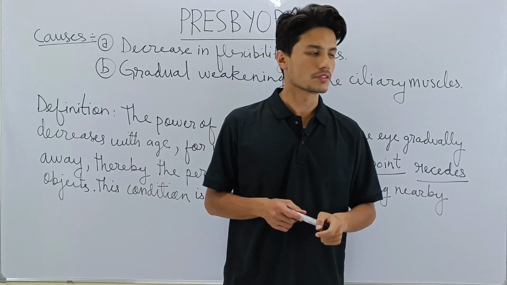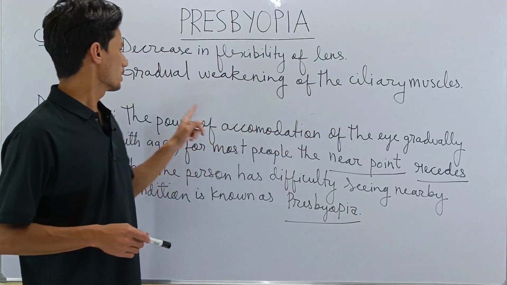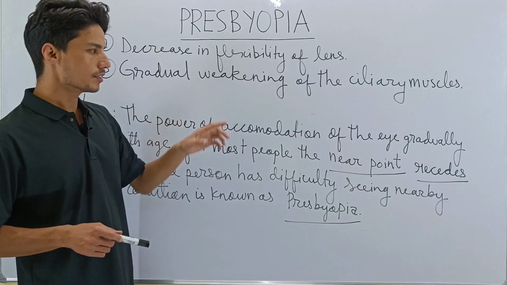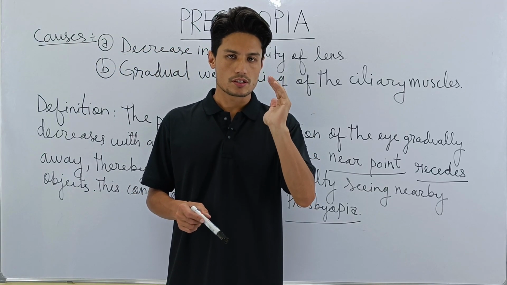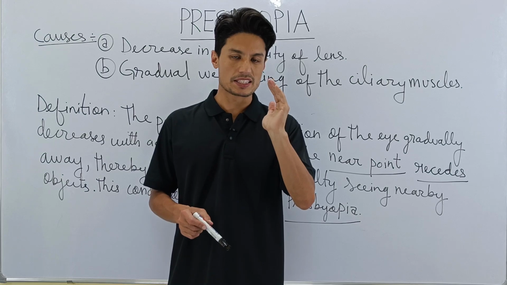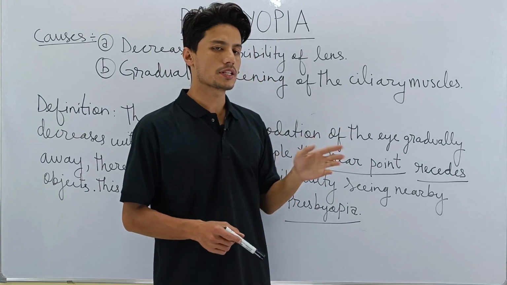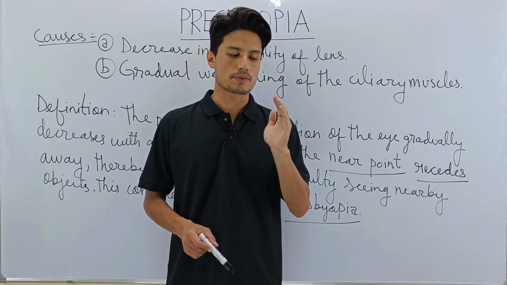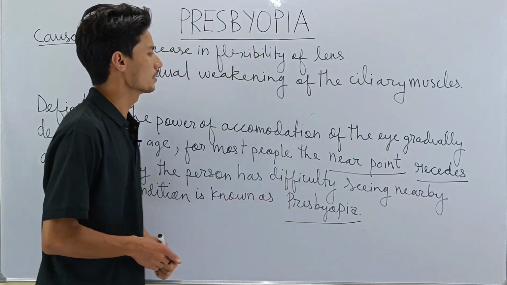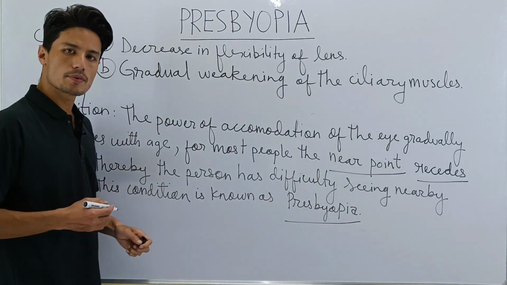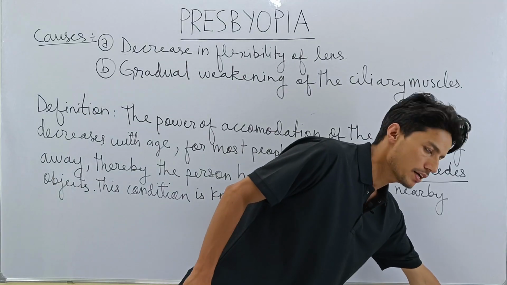All right. So just like that, the ciliary muscles also, when you are young, are active, and that's why it gives you good flexibility in your eye lens. But when the ciliary muscles are weak, what happens? This flexibility will be affected. So this is the second point. So this is everything about presbyopia.